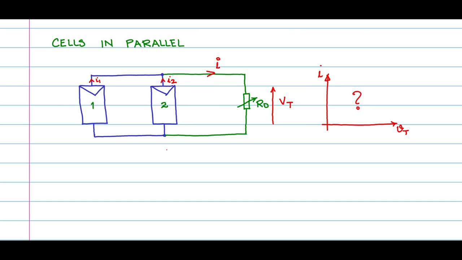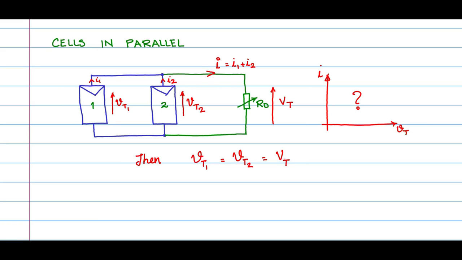The conditions here, I is equal to I1 plus I2. If I say that the voltage across panel 1 is Vt1 and voltage across panel 2 as Vt2, then Vt1 is equal to Vt2 is equal to Vt.